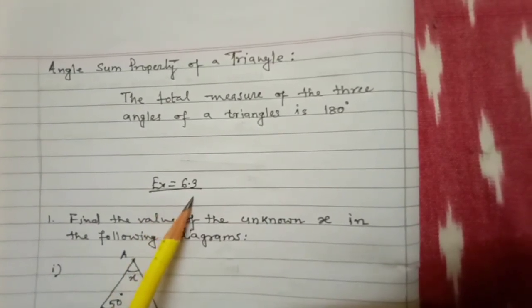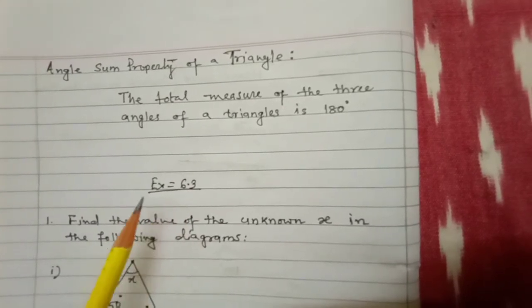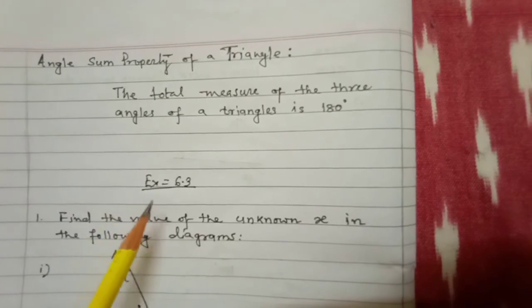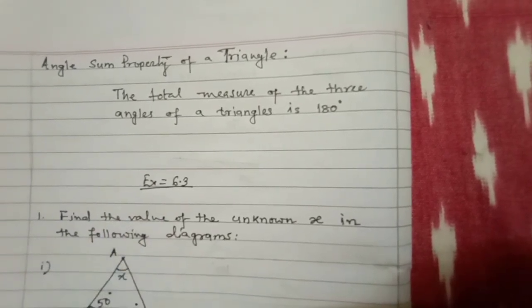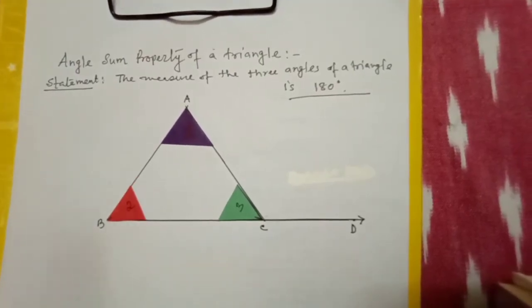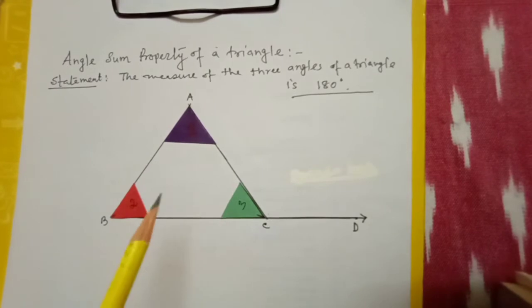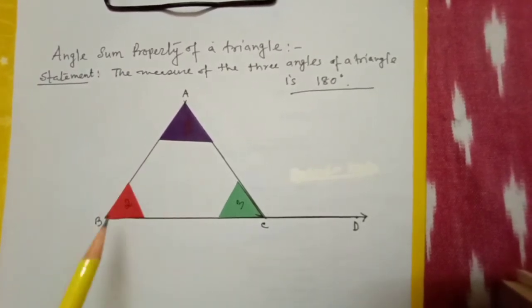Before going to these sums, we first want to see the angle sum property in a practical manner. See, there is a triangle ABC where we have already made three angles, angle 1, angle 2 and angle 3.